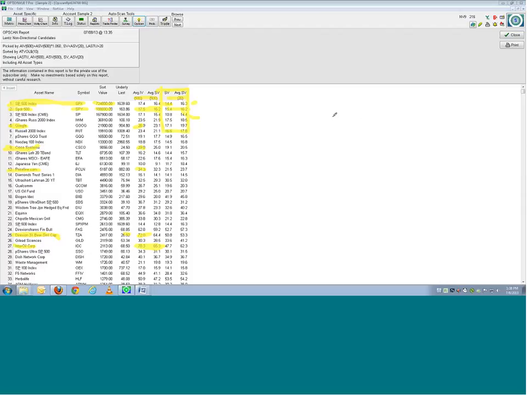Let's see. Jerry is asking, Steve, can we sort by the difference between AIV and ASV so we get the largest differential? Jerry, yeah, you certainly can. You could change this sort line up here, and you would sort. You could say you want to sort by the difference and just simply put in AIV 500 minus ASV 500. And that would be sorting by the difference.